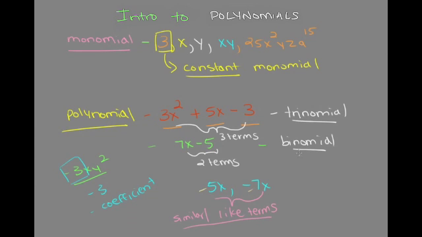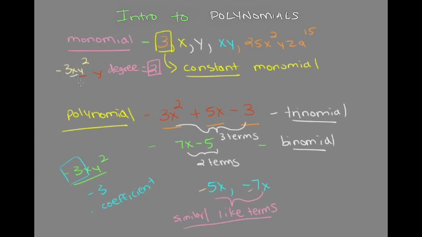The degree of a monomial is the sum of the degrees of the variables. Let's take this monomial again, negative 3xy squared. The degree of the y here is the number of times this y appears multiplied in this monomial. And since it's squared, that means it comes twice. So the degree of y would be 2.